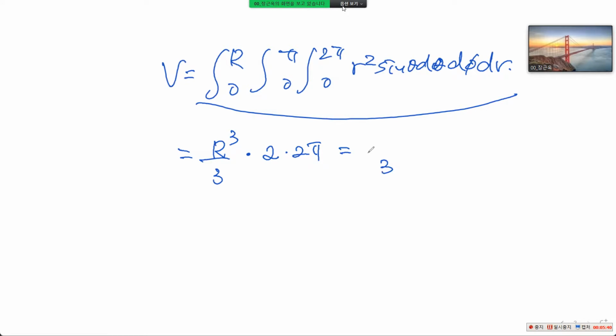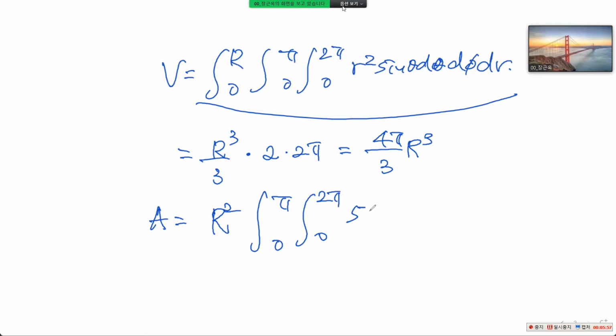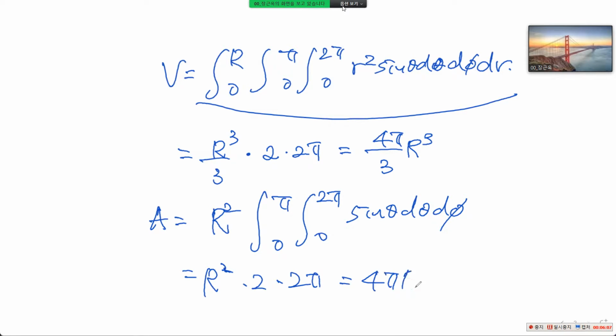So the volume of the sphere is given by the formula here. For the surface area, in that case, similarly, r is treated as a constant. So the only thing we have to do is integrate the angles, so we get r squared times 2 pi. So the area of the sphere is given by here.